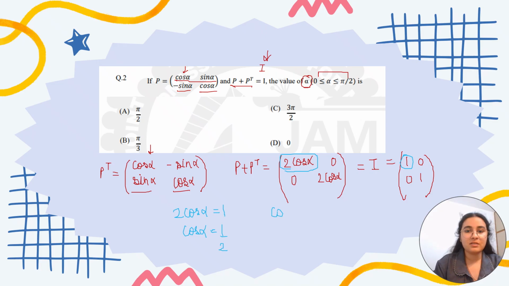When the angle is 60 degrees. 60 degrees is pi by 3, right? Pi is 180, and 180 divided by 3 is 60. So alpha is 60 degrees, which means pi by 3. So option B is correct.